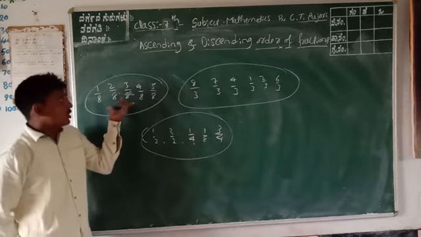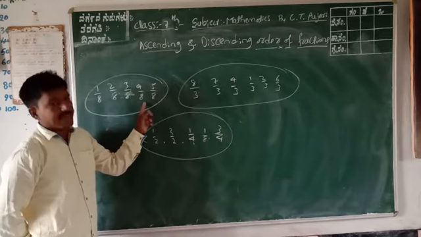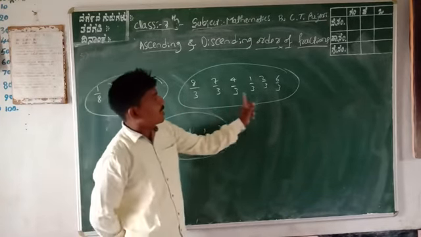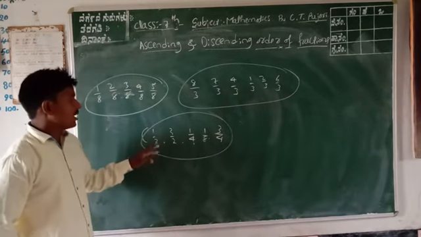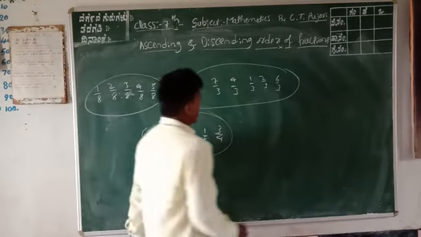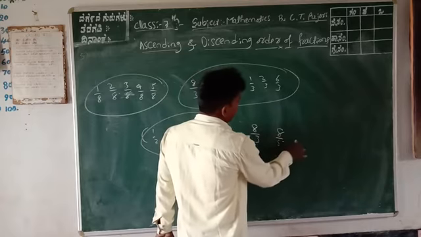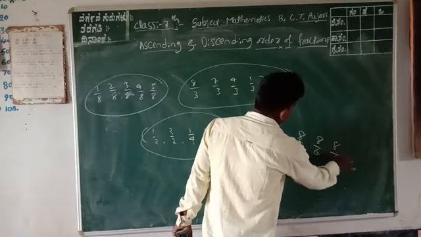In the first group, all the denominators are the same. In the second group, again all the denominators are the same. In the third group, the denominators and numerators are all different. And there is also another group: 8 by 3, 8 by 5, 8 by 7, 8 by 6, 8 by 4.